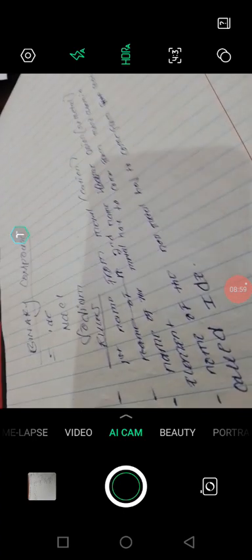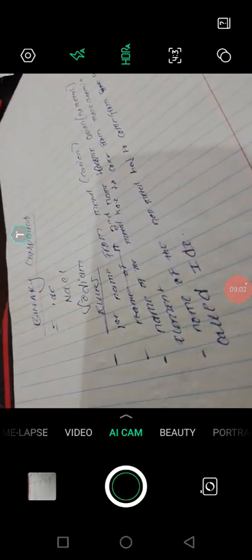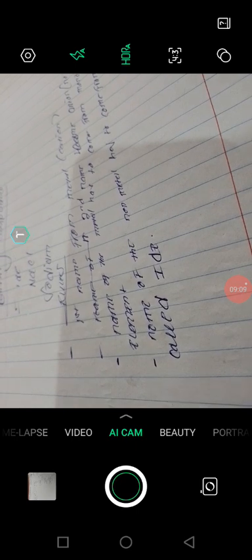So whenever we are naming a binary compound, the last name has to end, there has to be appearance of IDE.